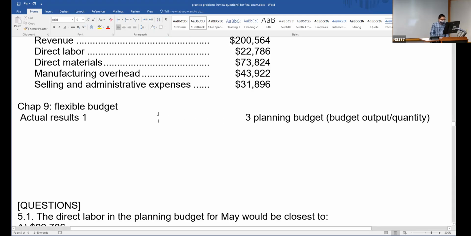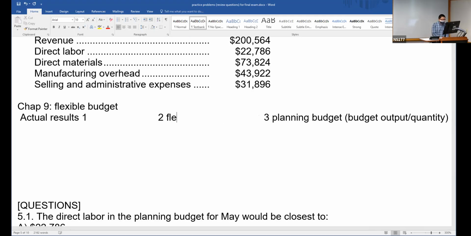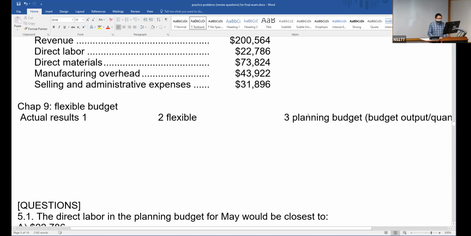In the middle, we have the flexible budget. For the flexible budget, we ask: given the actual output, if we use the same formula we used to calculate the planning budget, what would the hypothetical revenue or expenses be? By doing this, we take into account that our actual output is different from the planning output.